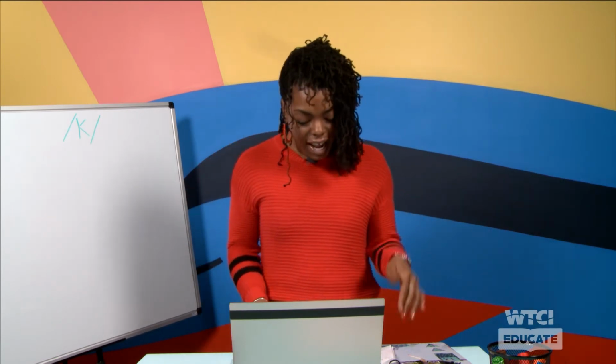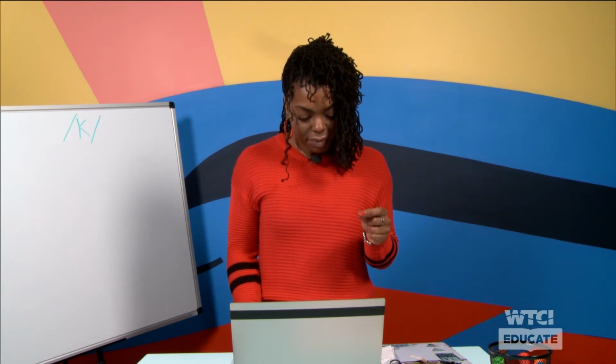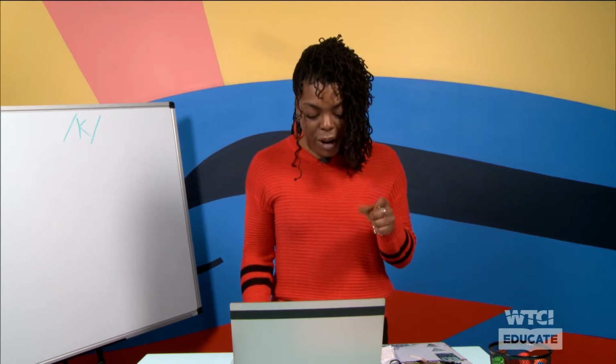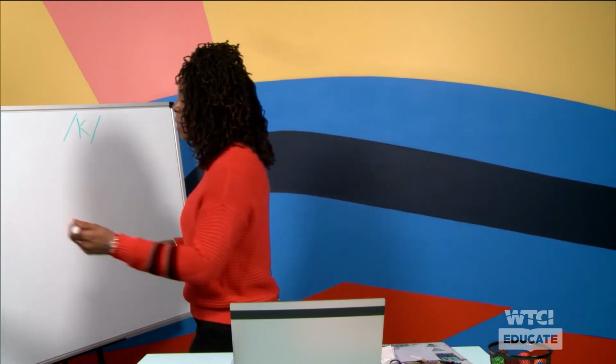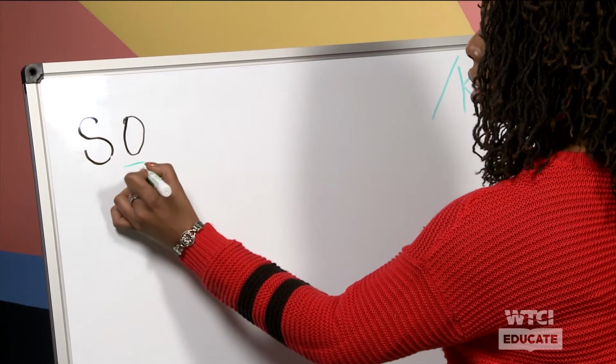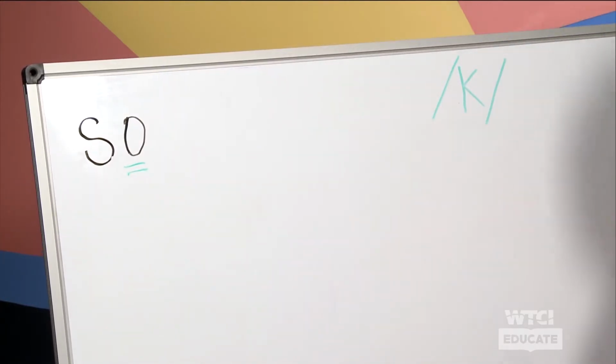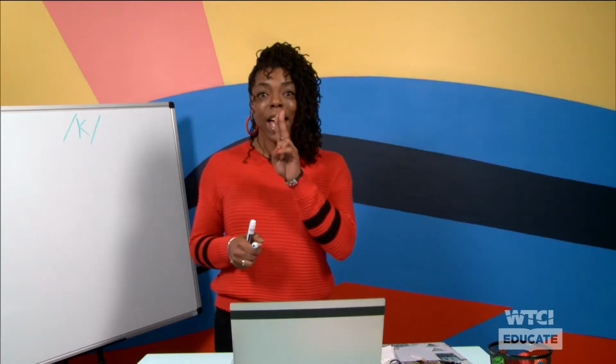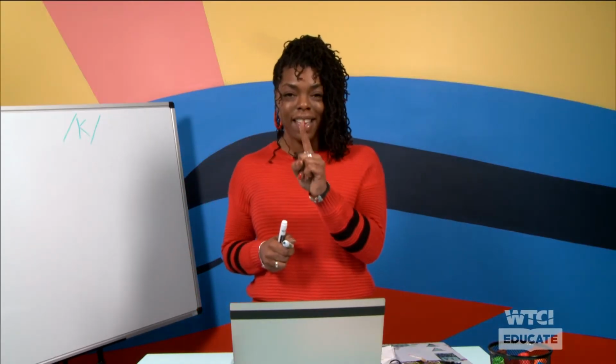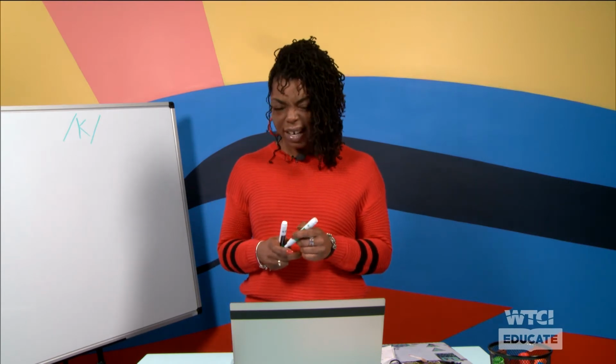The final sound in this word is K. What letter matches that? Today, we are going to learn that when the sound K is followed by a short vowel, it is going to be represented by 2 letters that make 1 sound, and that is called a digraph. Can you guess what those 2 letters might be?